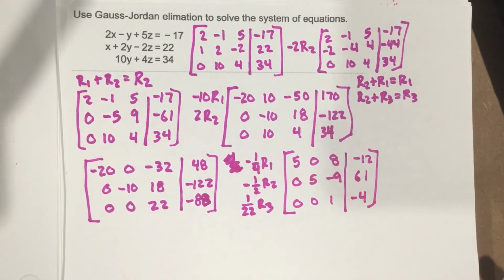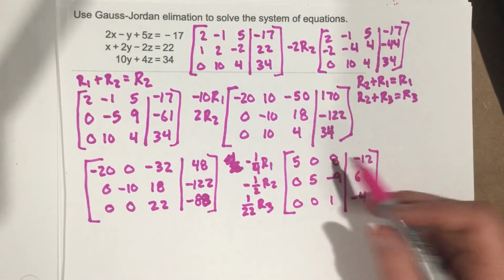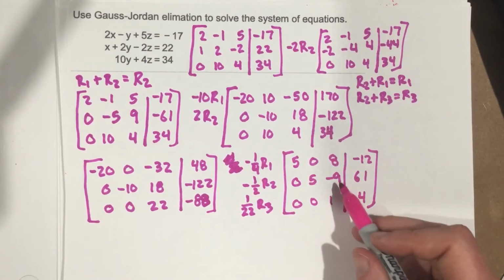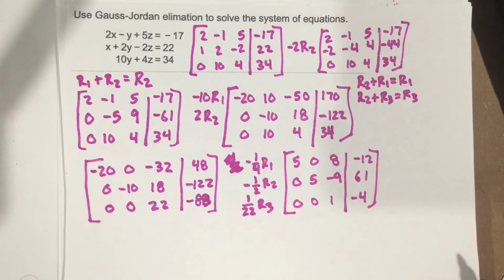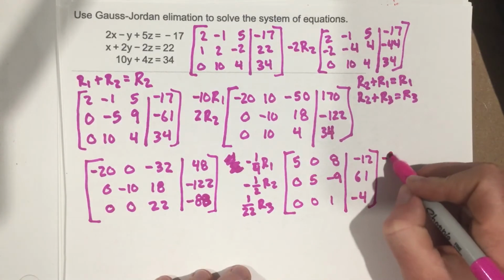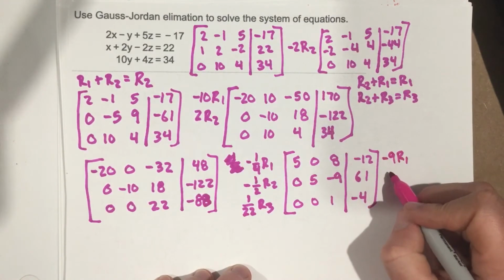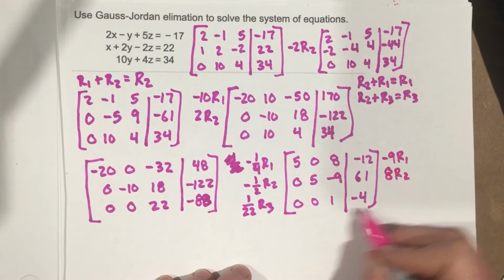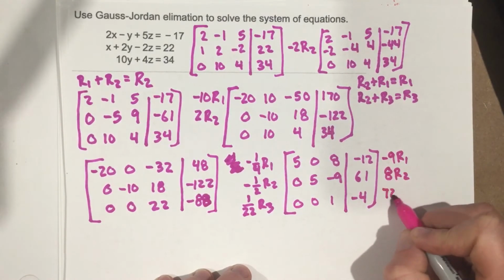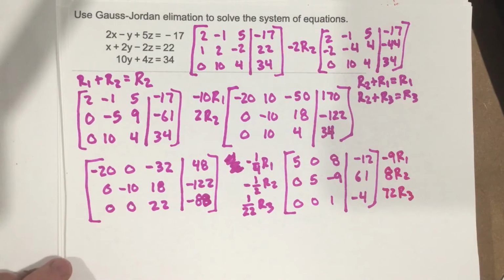Well, 72 is a good number to use there, so we can multiply the bottom by 72, the top by negative 9, and the middle by 8. So we're going to go negative 9 R1, 8 R2, and 72 R3. Let's do all of those at the same time.